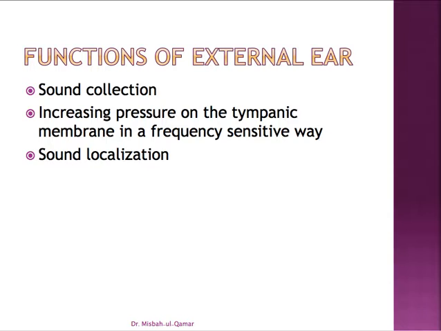Now, which functions does the external ear perform? Your external ear functions for sound collection and localization, and for increasing the pressure on the tympanic membrane in a frequency sensitive way.